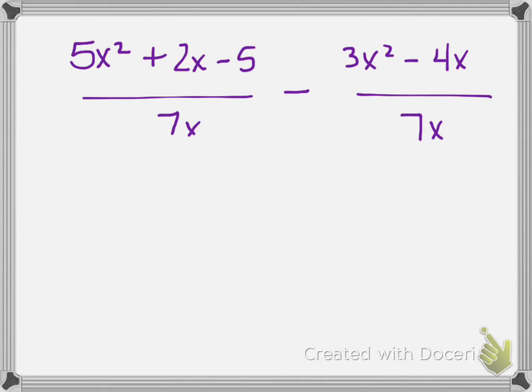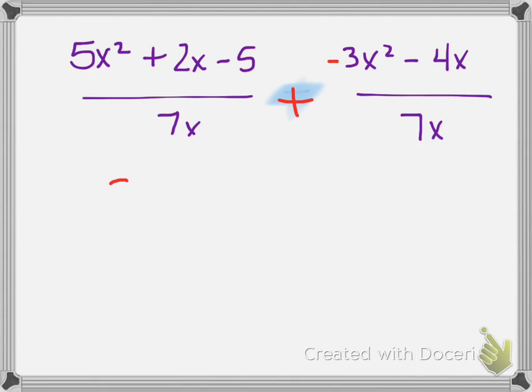All right. The same exact thing is done for subtraction. So again, you want to really pay close attention to what's in between here. It says to subtract the two rational expressions. So again, we're going to look at the bottom of each. They are the same already, so go ahead and subtract the tops. So you have a 5, and I'm going to read this as a negative 3x squared.